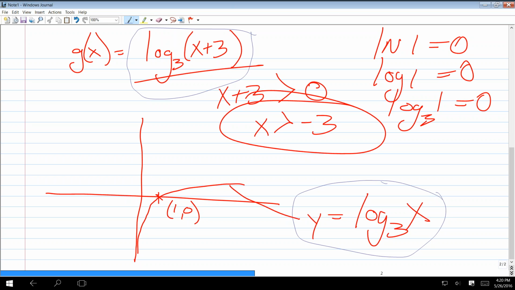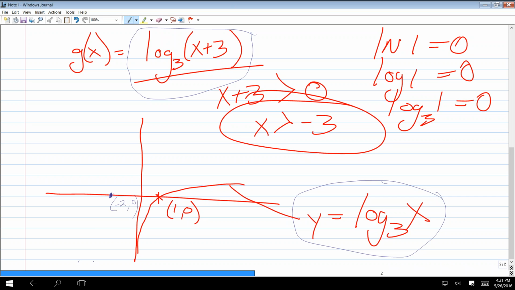That is a horizontal shift to the left of 3 units. So I'm going to take my red graph that represents log base 3 of x, and I'm going to shift it 3 units to the left. Well, the one point that I know is on there is 1, 0, so that now becomes minus 2, 0.